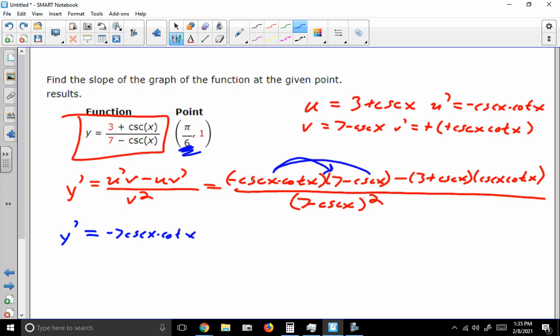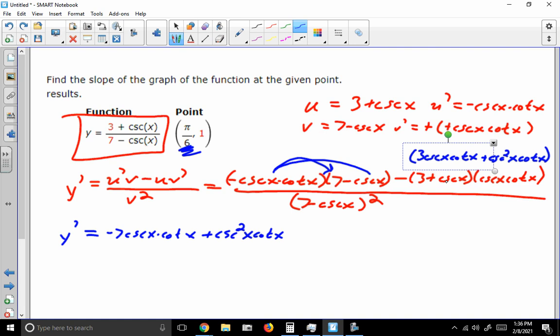If we distribute here, negative times negative would be a positive. Cosecant times cotangent times cosecant would be cosecant squared cotangent, because we have two cosecants multiplied together. When we distribute here, we're going to have 3 times cosecant cotangent and then we're going to have cosecant squared times cotangent.